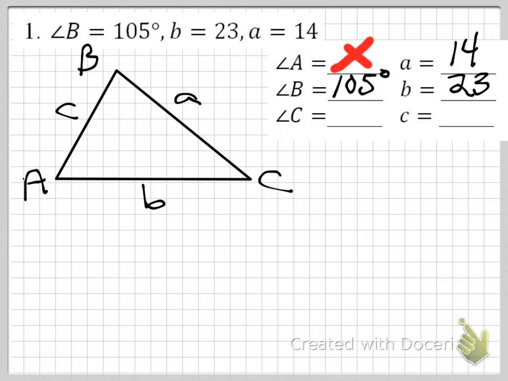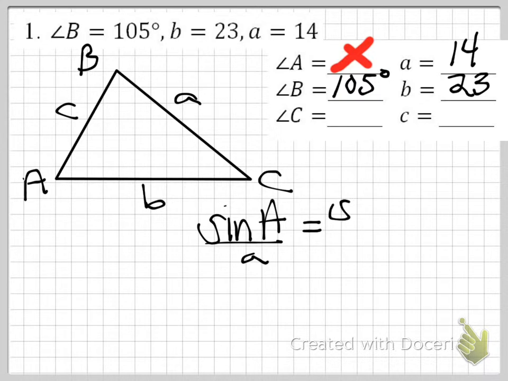Using the law of sines, and I realize that I'm looking for an angle, I'm going to write this as sine of A over side a must equal sine of B over side b.